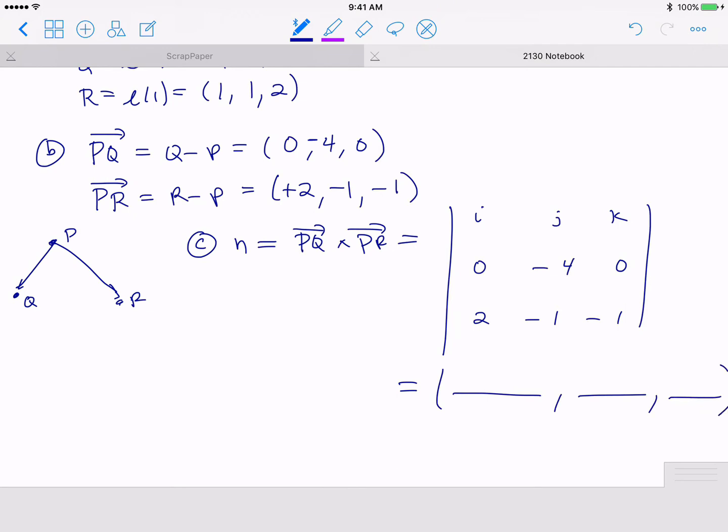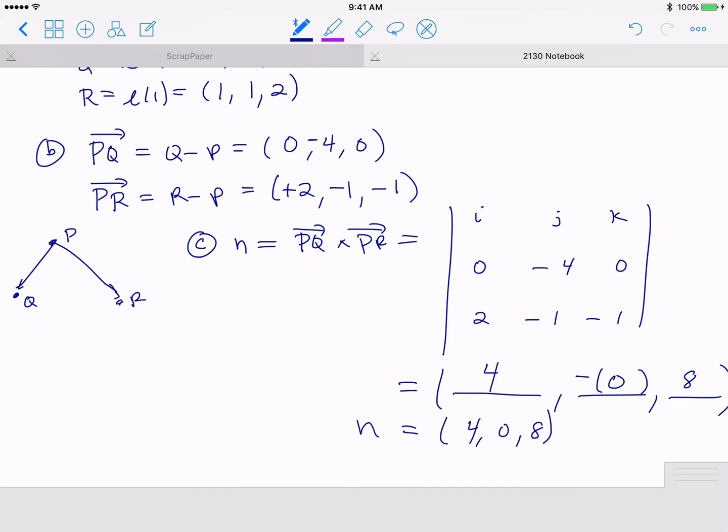You will have 4, a negative number in the j entry, so you will get 0. And then for the k entry, we get +8. So (4, 0, 8). So there's your normal vector.